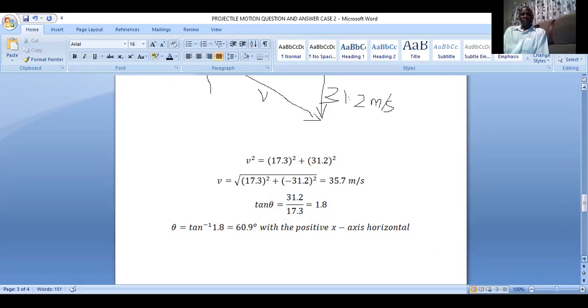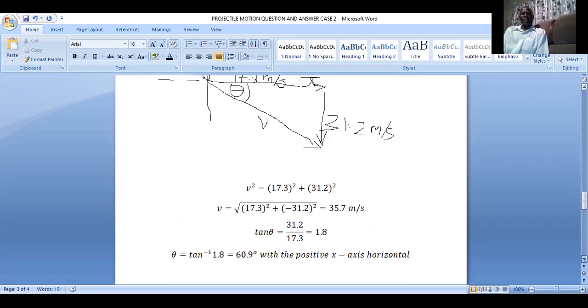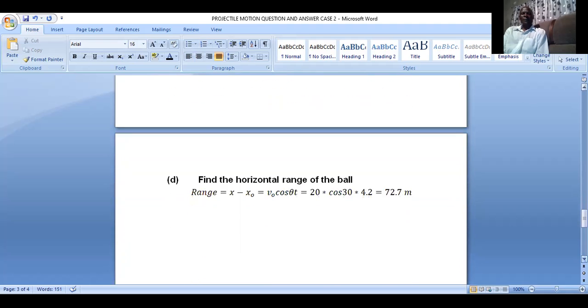And therefore, to find the angle, theta is equal to tan inverse of 1.8, which is 60.9 degrees with the positive x-axis, meaning that this is the angle, 60.9 degrees.